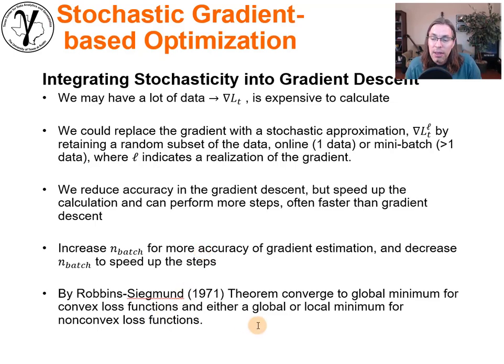Now there is a theorem that we would expect to be able to converge to a global minimum for convex loss functions, or either global or local minimum for non-convex loss functions using stochastic gradient descent. In fact, really the accuracy at the end should be very similar to gradient descent. It's just the speed, we'll get greater speed.